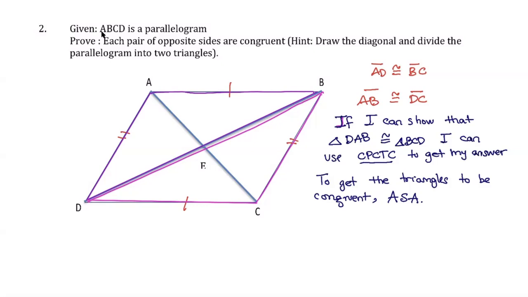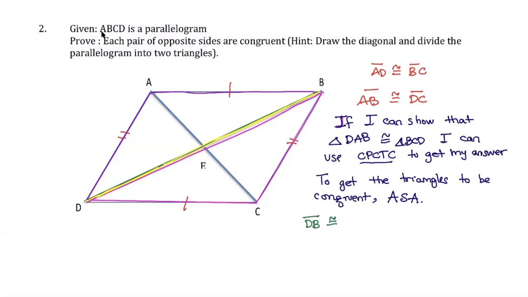The side is fairly simple, and we'll mark it in green. We have that DB is congruent to itself. Both triangles share DB. Let's mark DB in green. Maybe you can't see it. Maybe we should do yellow instead. There's DB.